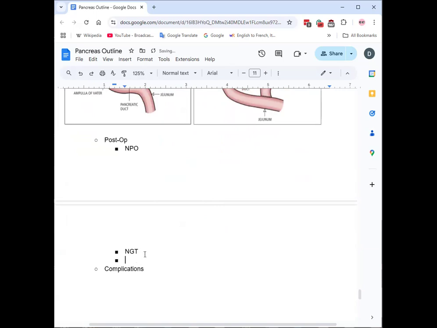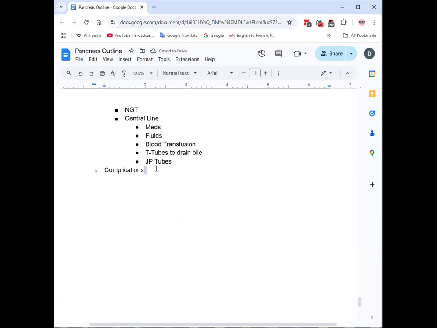Yeah, NG2, we're going to have an IV line, probably a central line, because we're going to want to give meds, fluids, potential blood transfusion, T-tubes to drain out bile, JP tubes, because we did a very invasive, insane surgery.